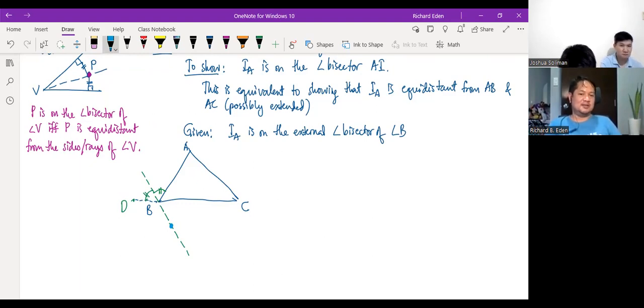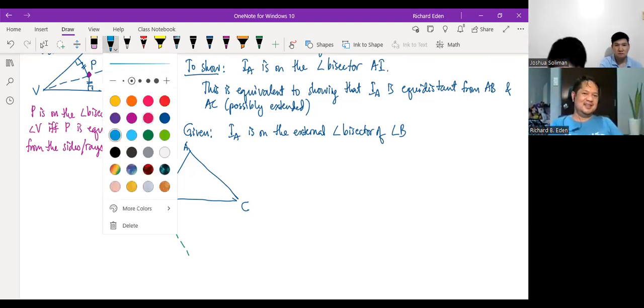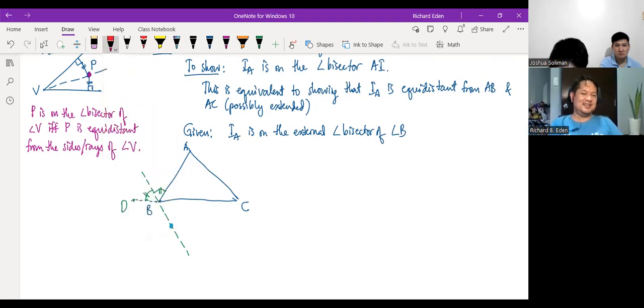From which lines? AB and BC? Yes. No! AB. Okay, I see it. Because it will also prove that it is equidistant from BC, AB and AC, which means it is also the center of a circle. The segments are of equal length.